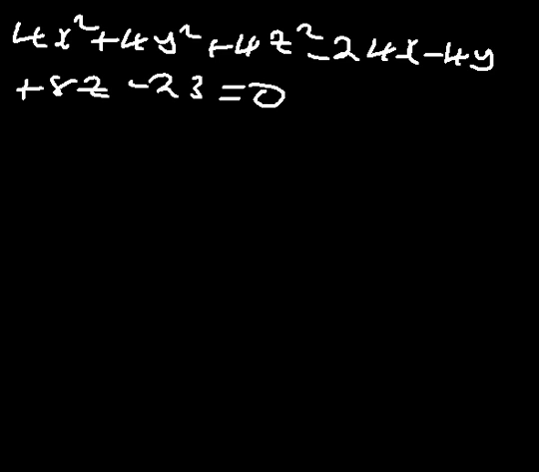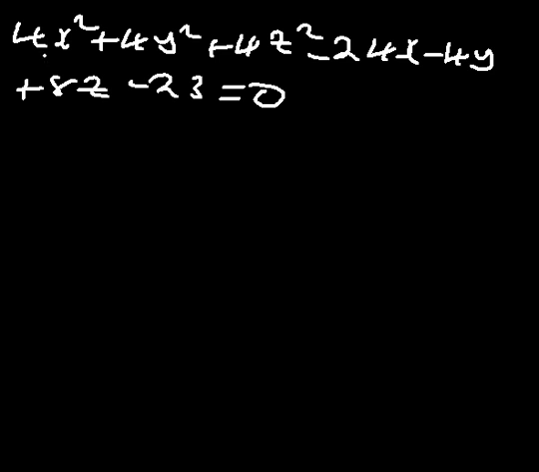So now there's something different, because x squared, y squared, as well as z squared have coefficients other than 1, whereas the coefficients always have to be the positive 1. So in this case, we'll have to divide everything by 4 to make sure that the coefficients are positive 1. And it is impossible that we can have them in different coefficients. No. If they are to have coefficients other than 1, then the coefficients have to be the same.